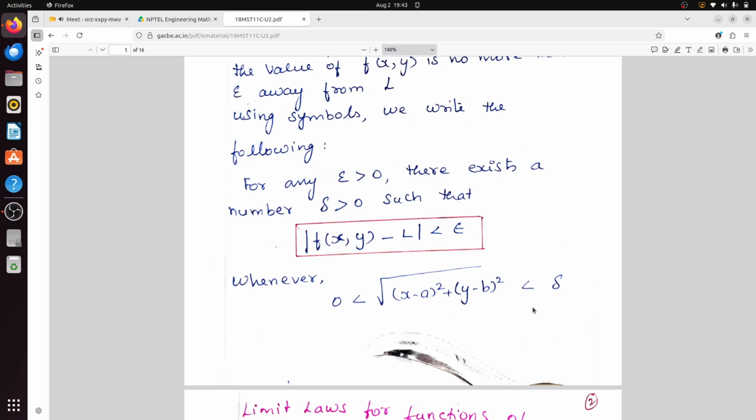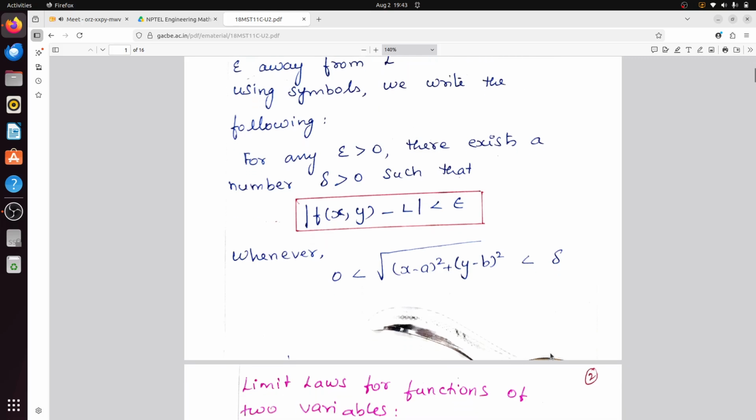If this condition is satisfied, we say the limit as (x,y) tends to (a,b) of f(x,y) equals f(a,b).